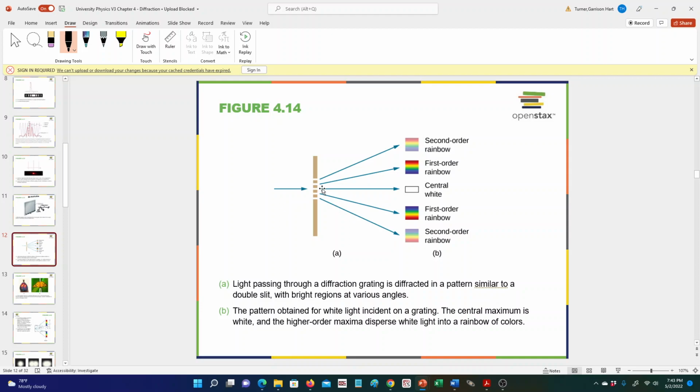So you will see two dominant spectra on either side of your central maximum, where your white light is, but then you'll also see a secondary spectrum beyond those, to the right or to the left, or up and down, depending on how your diffraction grating is oriented. And so the diffraction grating, when you have really, really tiny slits, is very good at creating these spectra, right? You can actually get individual spectra.